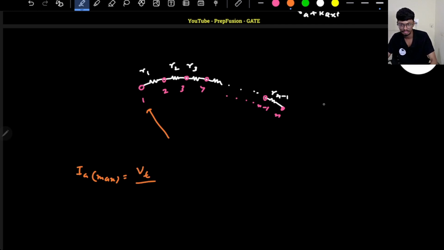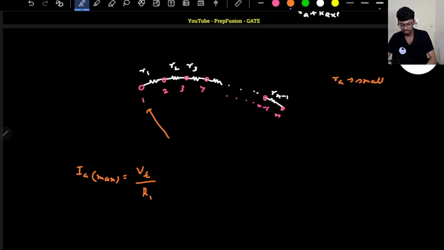Let me write this whole resistance at position 1 as capital R1. I'm ignoring RA for a second, because RA is very small.